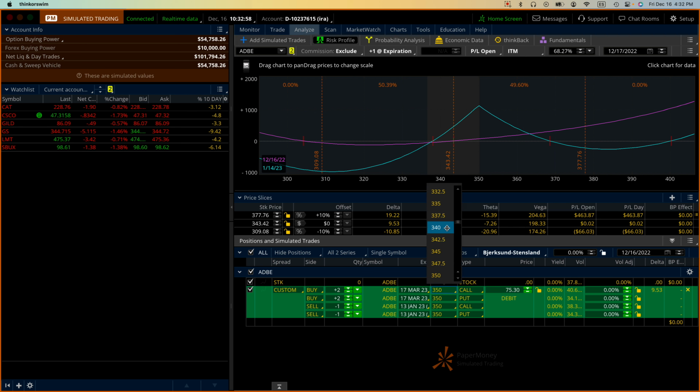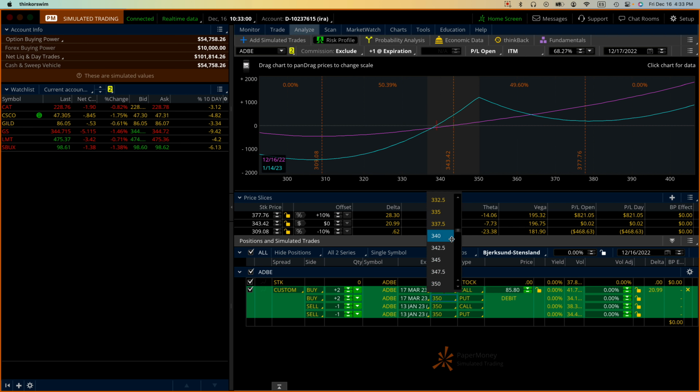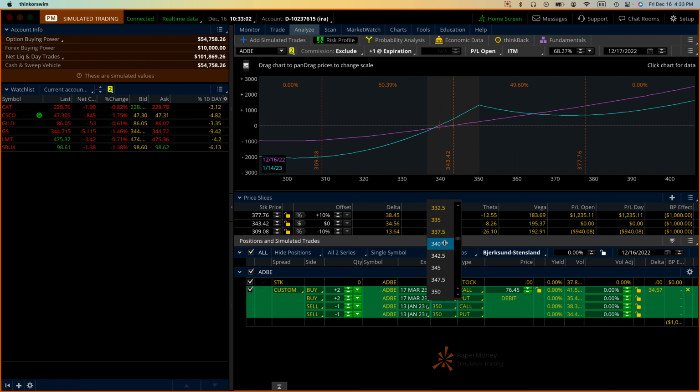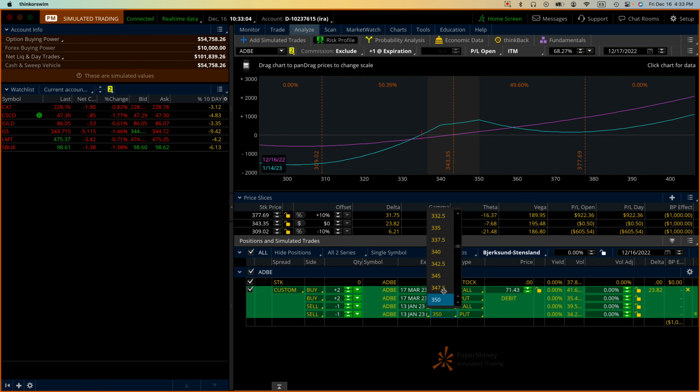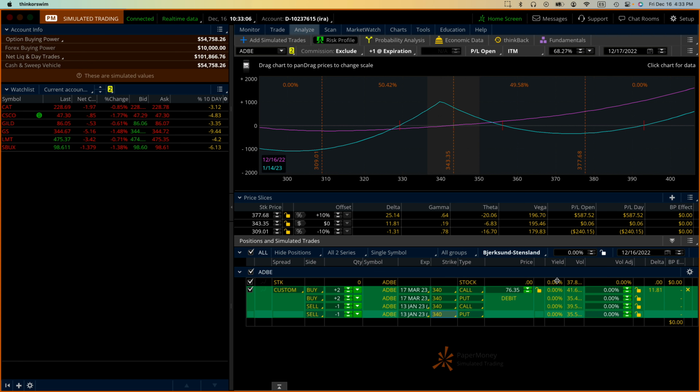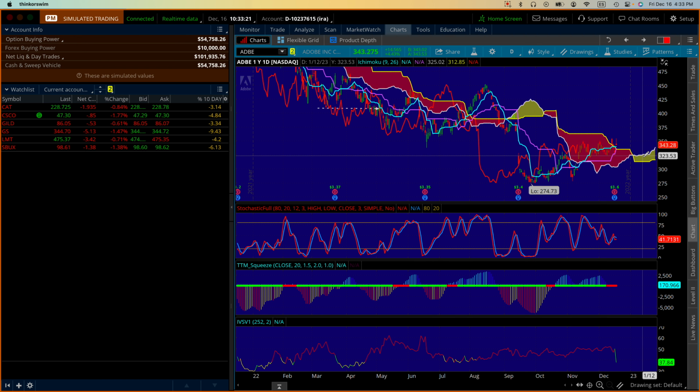Okay, let's change that. 340, 340, 340, and 340. Well, as you can see, the volatility is still over 40 for the back month option. That means it's too expensive and it could fall and it could hurt us. So I'm going to pass after all. Too bad. I was looking forward to showing you that. All right. That's just too bad.